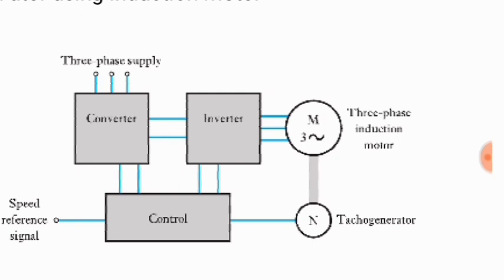The tacho generator acts as a sensor for sensing the actual speed of the induction motor. This speed is compared with the reference signal in the controller, and the controller produces the control signal for the converter and inverter.